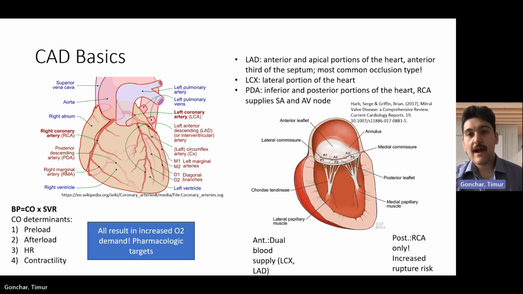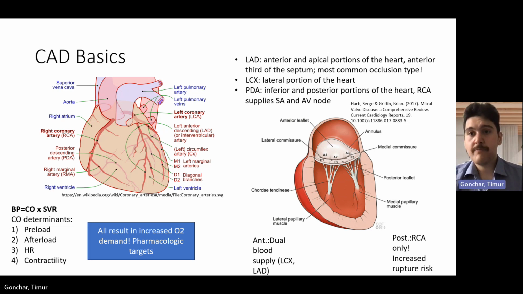And then we've got obviously heart rate and contractility. All these factors determine the oxygen demand, the oxygen consumption of the heart, which we've already discussed. And those are all the pharmacologic goals we use in a patient with chest pain, with cardiogenic chest pain. What are the meds we could use to decrease these parameters?